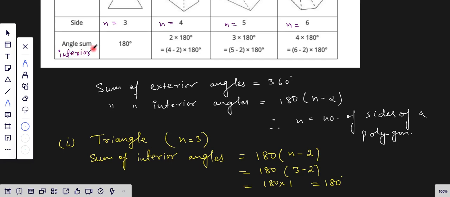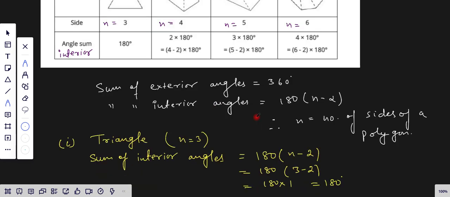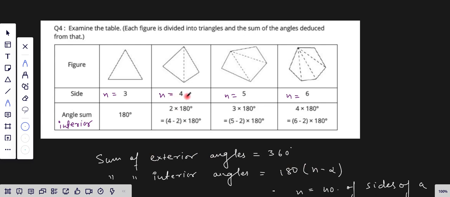Please note it down fast till this step, and if you have any query, you can ask me in the later sessions. Okay. So in this question, you just need to examine whether these conditions are fulfilled by these formulas or not. Similarly, you can check for a quadrilateral. n equals 4. Quadrilateral means quad, and quad means 4.